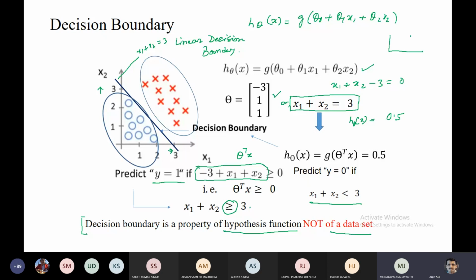It depends on the hypothesis, not on the data set. The role of the hypothesis function is to clearly separate out these stars and these dots. So the decision boundary is a property of the hypothesis function, not the data set.